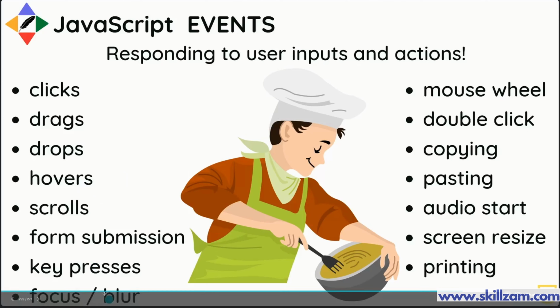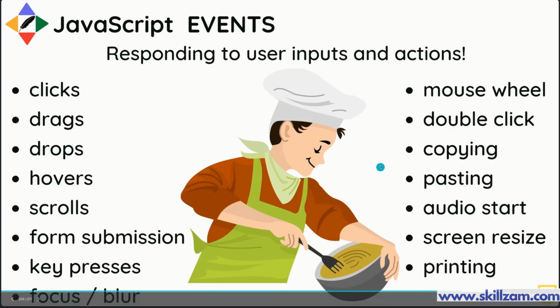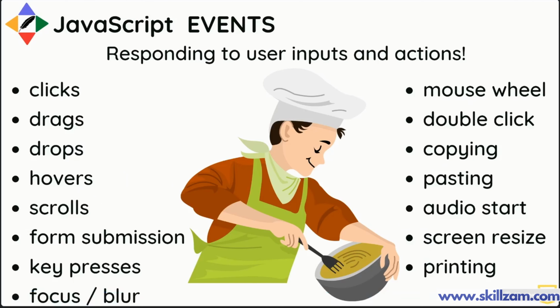Blur and focus are also events. The mouse wheel, up and down, click of a mouse wheel, all those can also be considered events. The double click on a mouse is an event. Copy and pasting, Control C, Control V, can also trigger an event. And resizing of the screen, printing something, all those are part of the events that a browser can monitor.